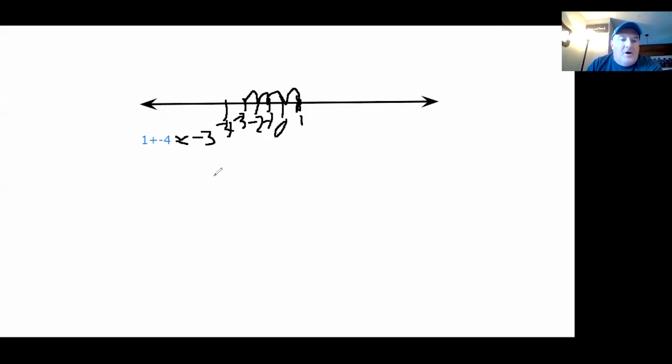Okay. Also, when you're thinking about positive and negative numbers, you can also look at which of these is farther away from 0. Is 1 farther away from 0? Here, let's do this.